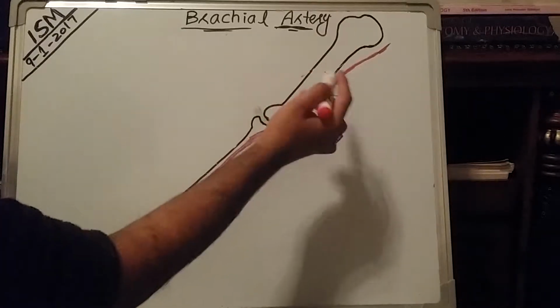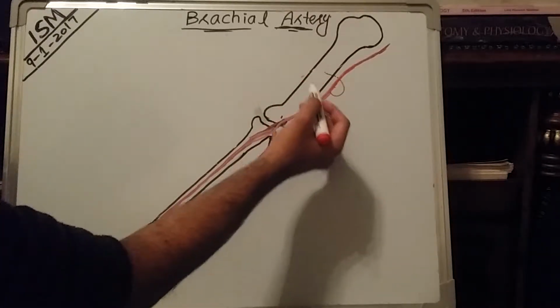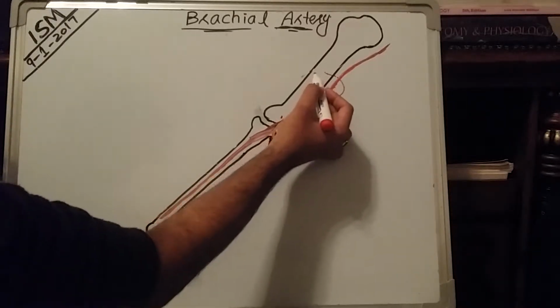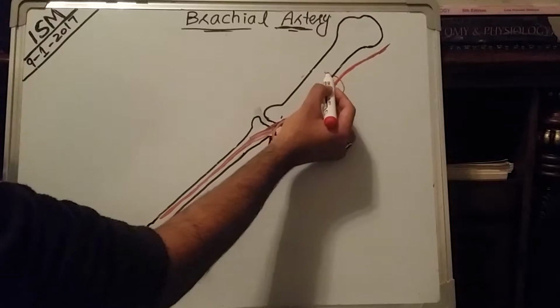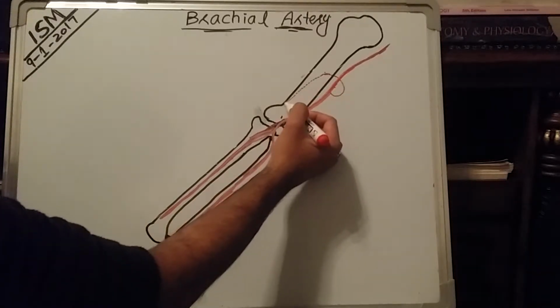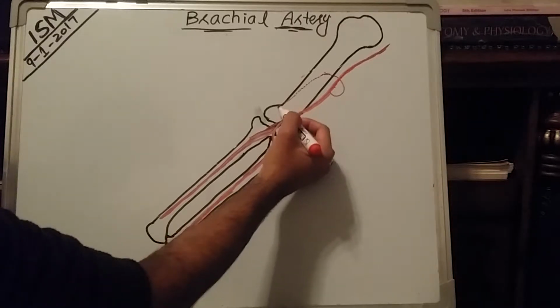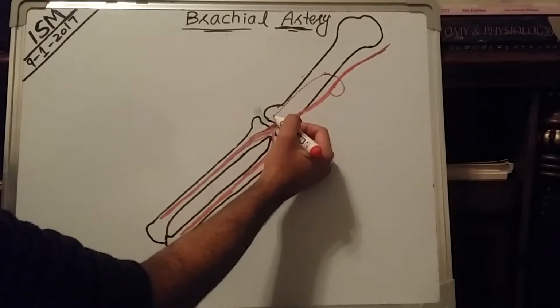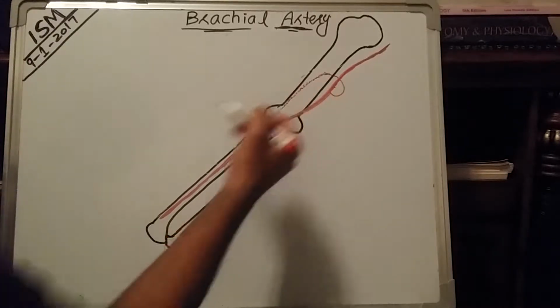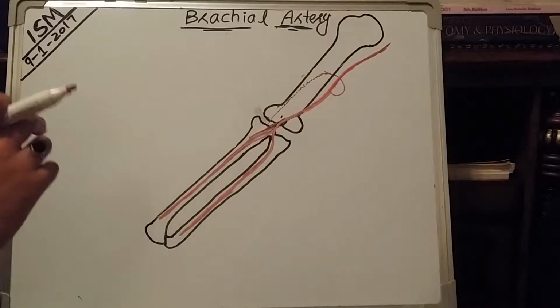For this purpose I just put it as dots, which lie downside. So this is the medial artery, the medial collateral artery.